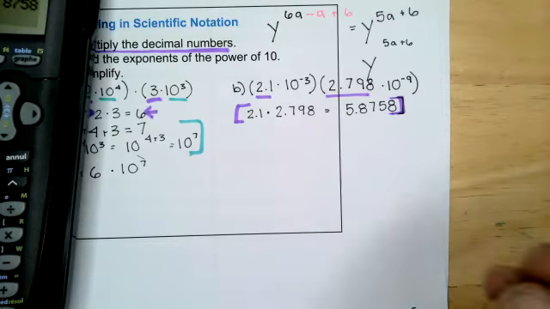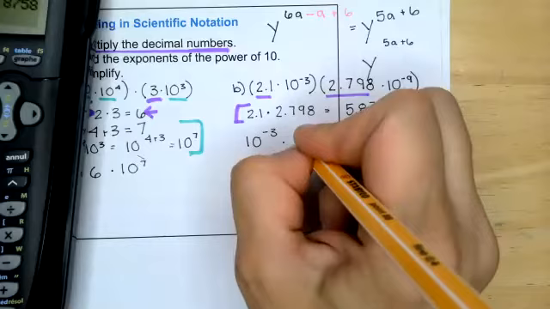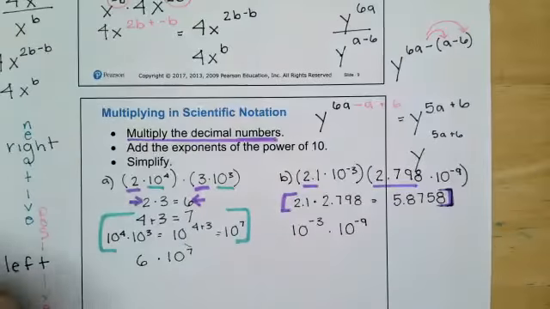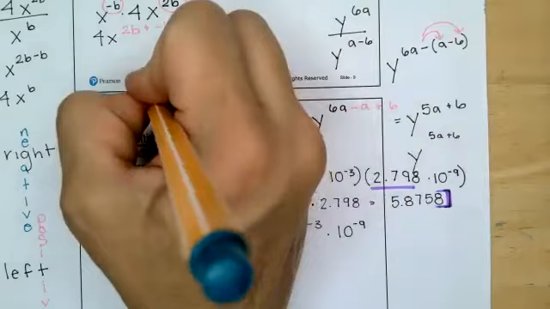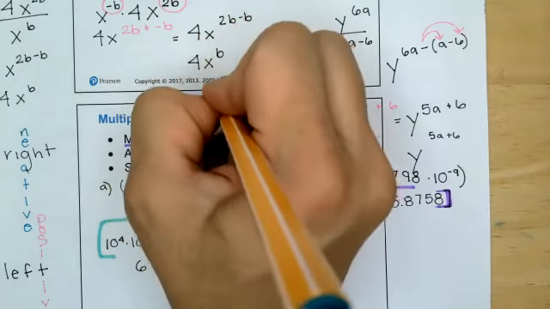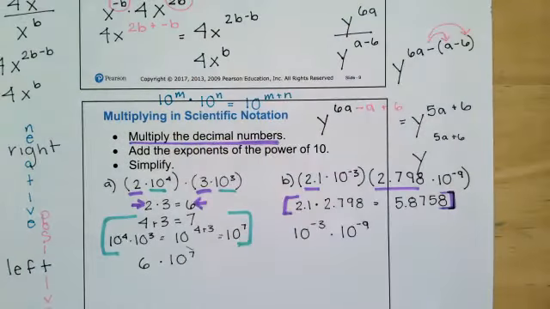And then we're going to take 10 to the negative third times 10 to the negative ninth. Again, we're just using the rule 10 to the m times 10 to the n equals 10 to the m plus n, regardless of whether they're negative or positive.